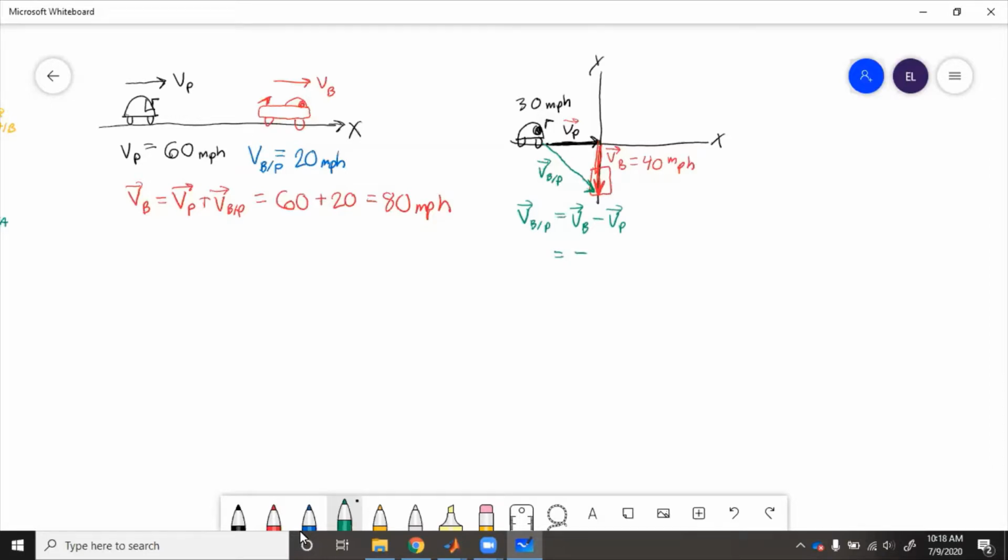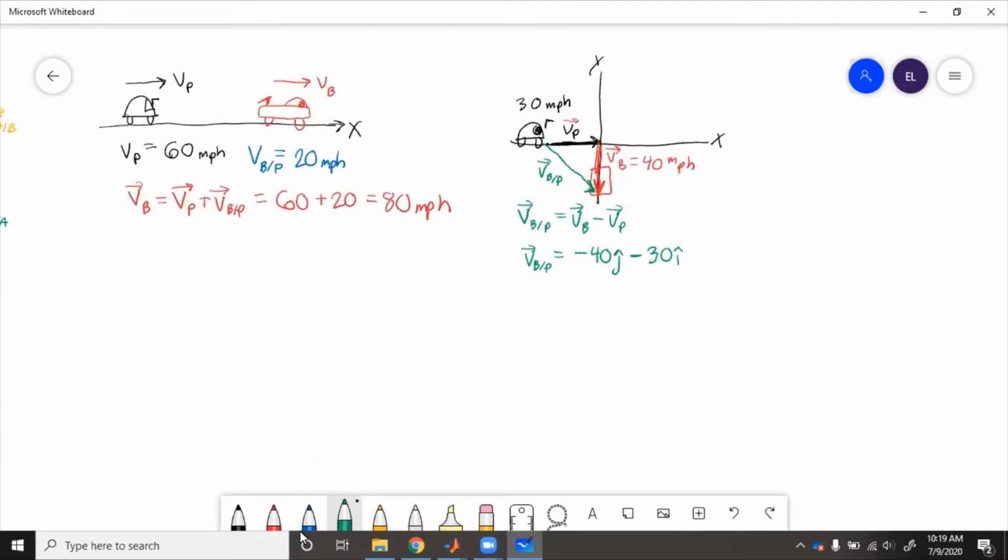So we'll have negative 40 J. And then we subtract velocity of the policeman. So minus the velocity of the policeman is 30 miles per hour in the x direction. So we'll have 30 I. So this is velocity of Bob relative to the policeman.